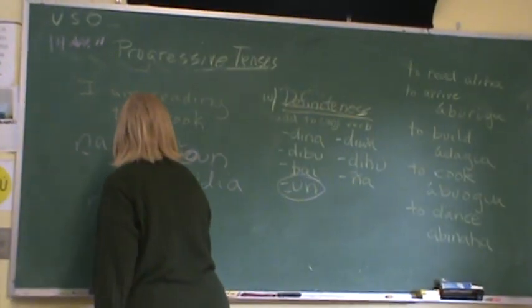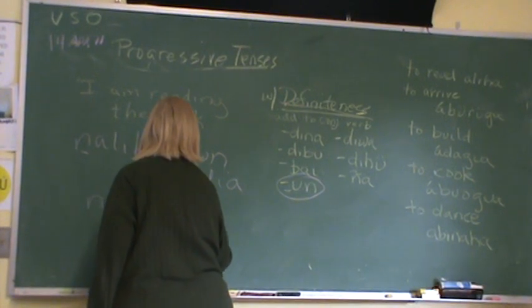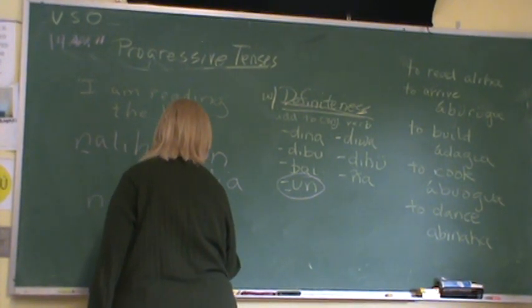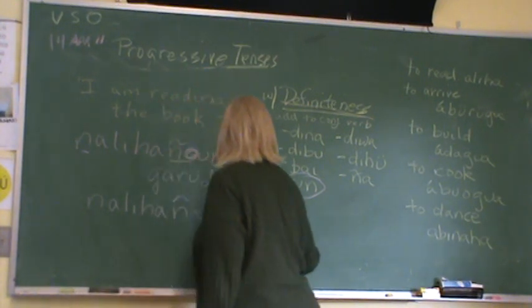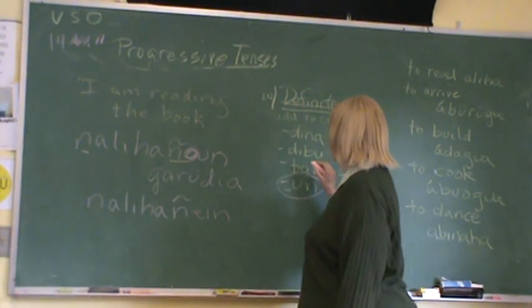And yang for masculine. Yeah, but we rarely say that. Generalized, if you use any verb relating to masculine gender, you will say yang. And how would you say I'm reading this book? Nalihanya garudia to. This is to.